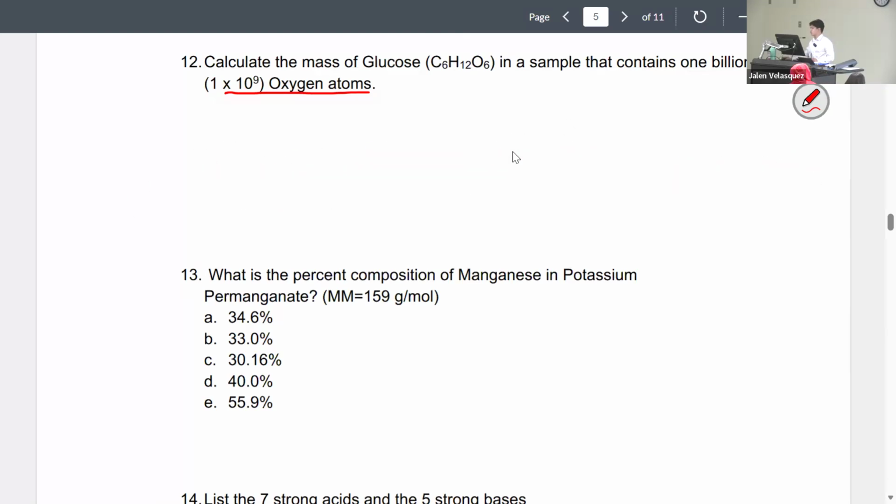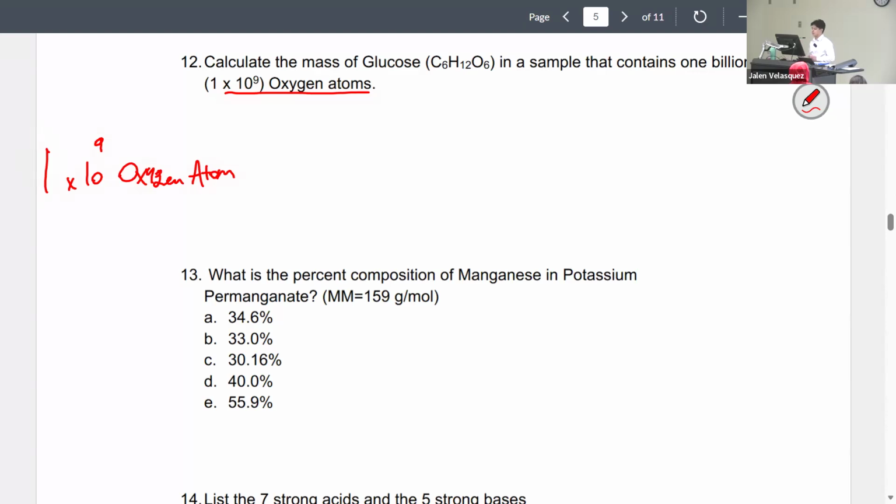So what are we starting with here? We have 1 billion, which is 1 times 10 to the 9 oxygen atoms. That's the information you're given, the only thing you can start with here.